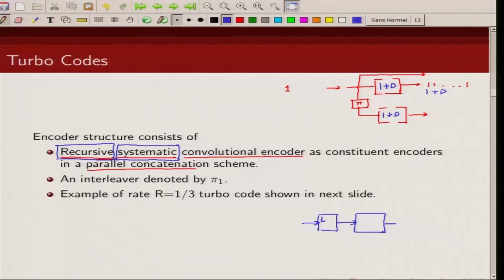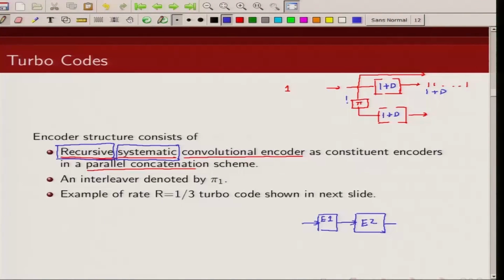So, this is your encoder 1, encoder 2. But in parallel concatenation you are sending the same information in parallel to both the encoders.